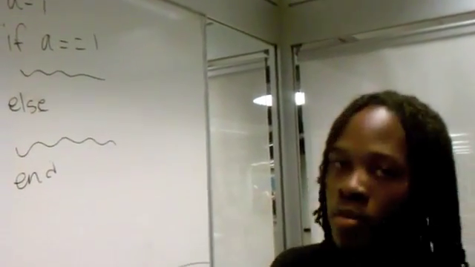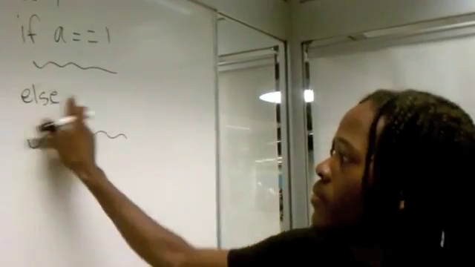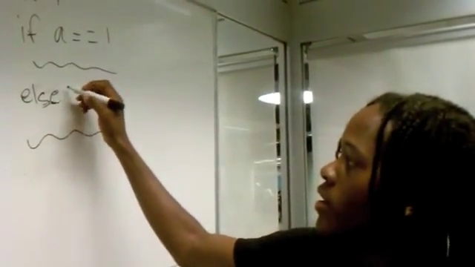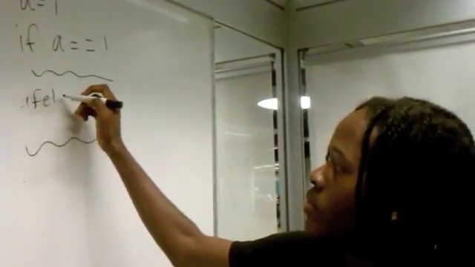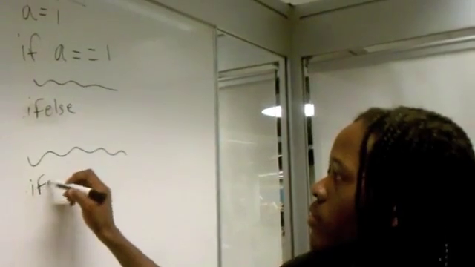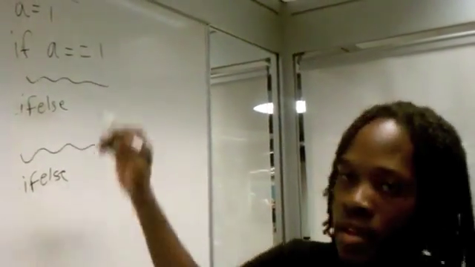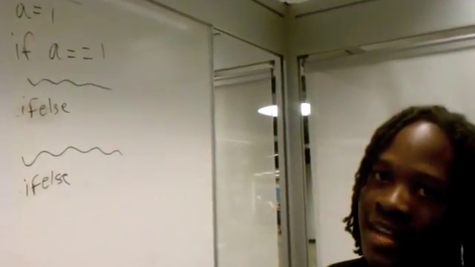Now, if you want to check for multiple conditions in your if statement, you can use elseif. You can add as many elseif's as you want, but if you add an elseif, that means you also have to put an else statement.